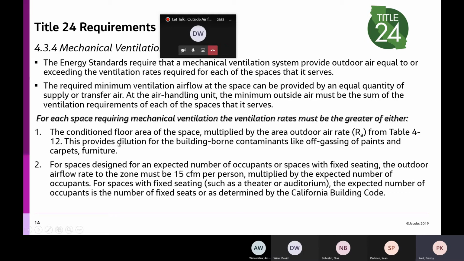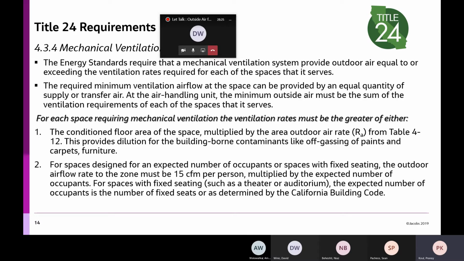So if it is a building which has conference rooms, a movie theater, a laboratory, a music room, then you would want to make sure that you have the Vbz value, which is the breathing zone outdoor airflow, for each of those zones, so that it would help you determine the total sum of the ventilation requirements for the spaces that it serves from the air handling unit.